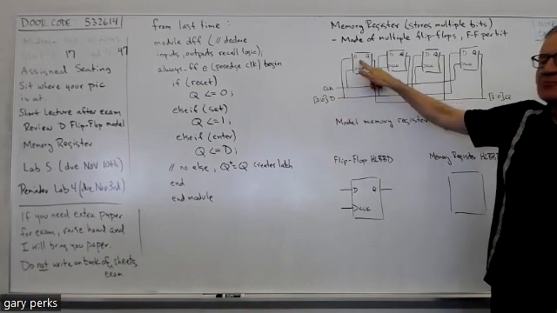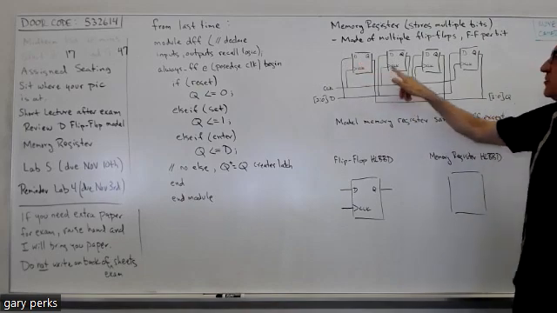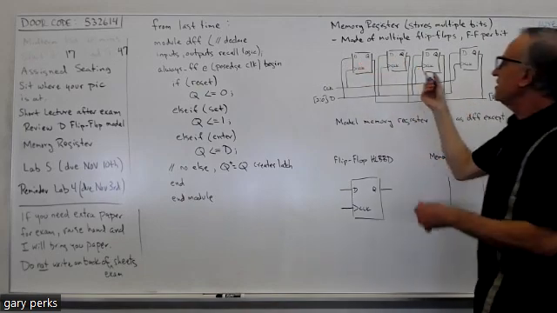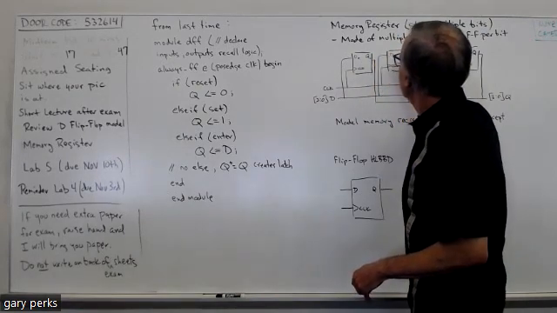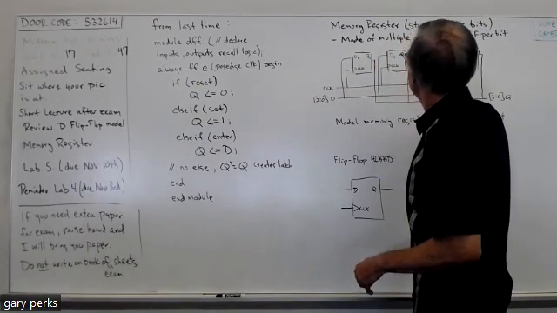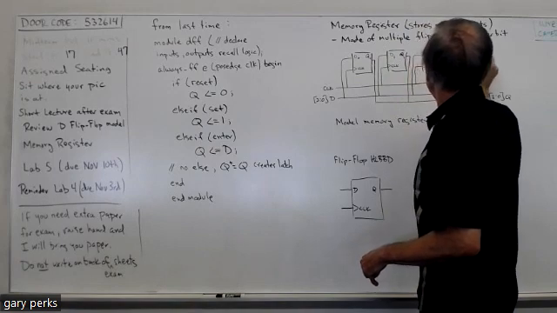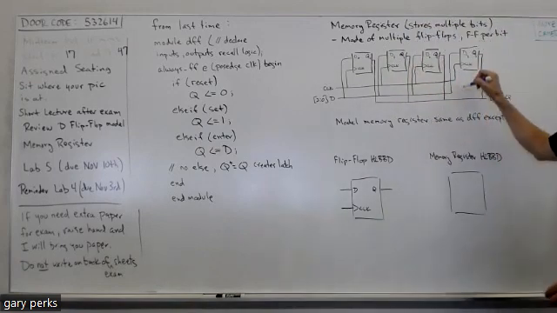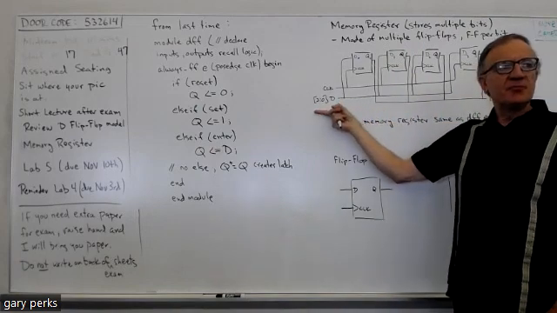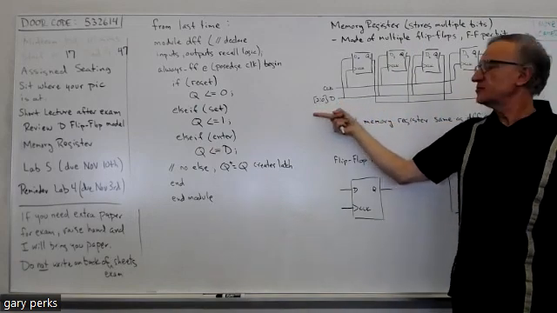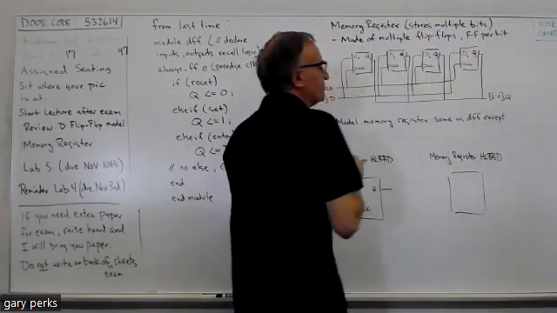This flip-flop will be storing D0, this would be D1, D2, D3. All the D inputs go to a 4-bit input, and they split up.